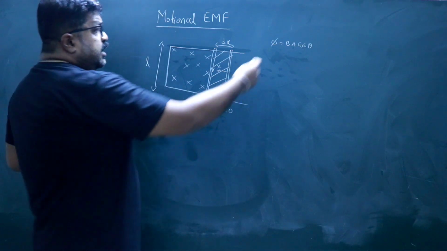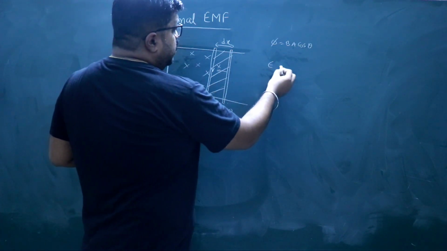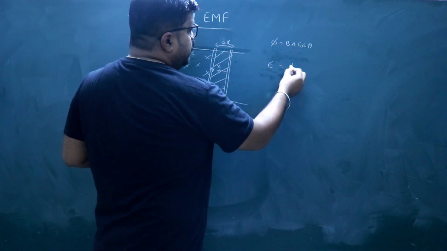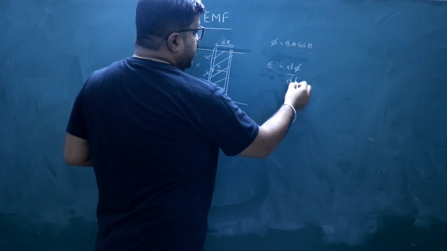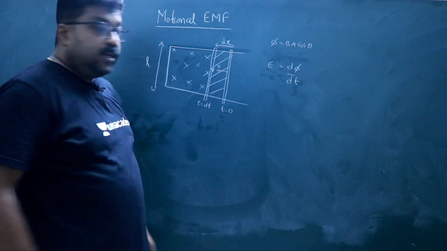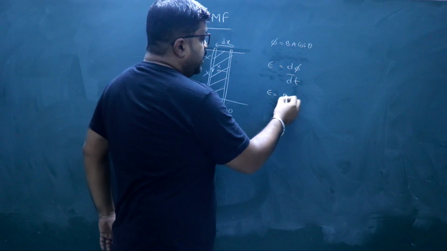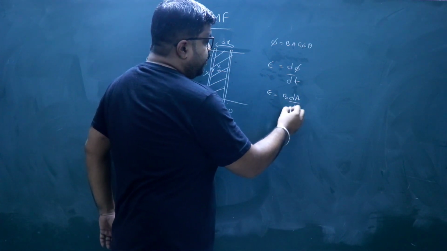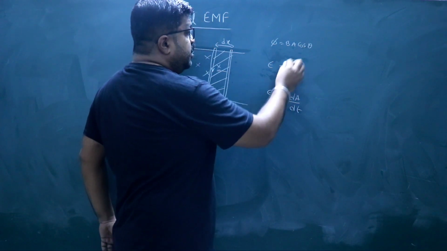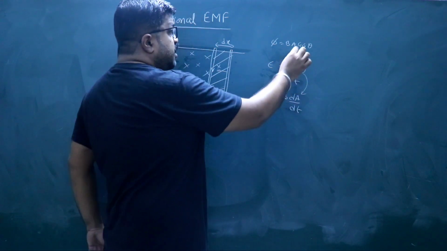So from Faraday's law we have EMF induced equal to d phi by dt. So EMF is equal to B dA by dt, where d phi is replaced by B dA.